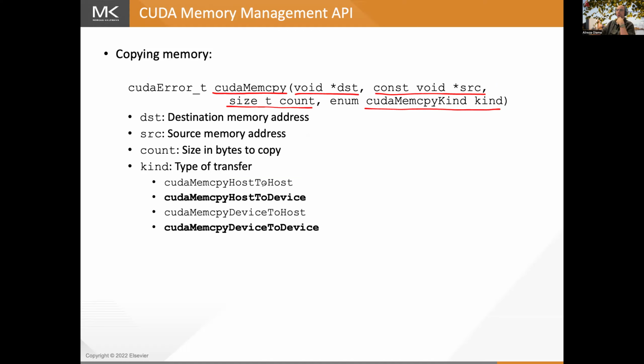And you can have different types of transfers, like host to host, host to device, device to host, and device to device. And between all of these four, host to device and device to host are the most important ones.